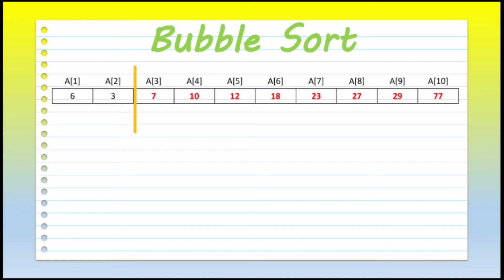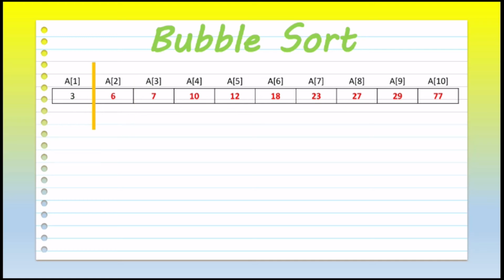So now we have just 2 elements remaining. Apply the same technique, compare the 2 adjacent elements. So 6 is greater than 3, yes, the condition is true, so we have to exchange the elements. So 3 will come to the first position and 6 will move to the second position.